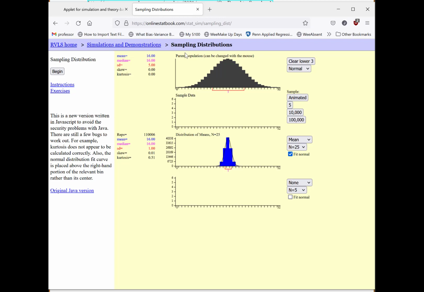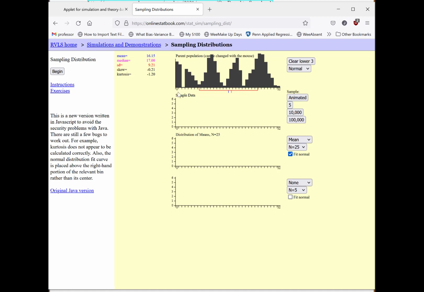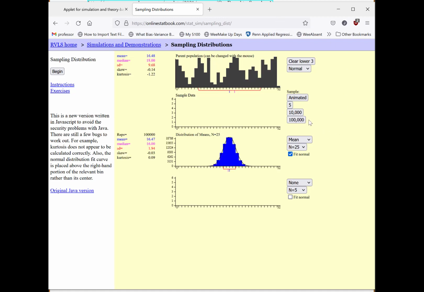But let's look and see what happens if we do a different population. I can make this population look like anything I want. So this is clearly not normal. I could look at 100 samples and notice it still looks normal.